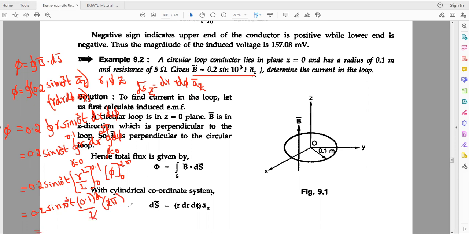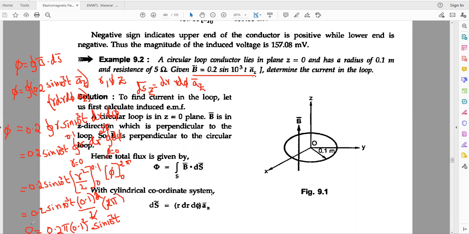That is equal to the above value we have: 0.2 pi, 0.2 into 0.1 whole square, into sine 10 cube into t.